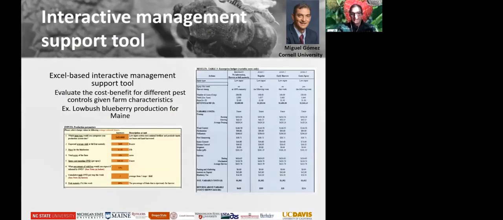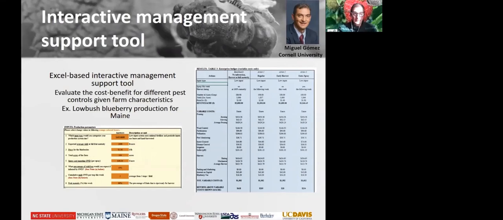Next one, please. And this is the last one. So given that the problem of controlling SWD is very specific to crops and regions, our strategy has been to develop interactive management support tools. They are Excel-based, easily downloadable by users.